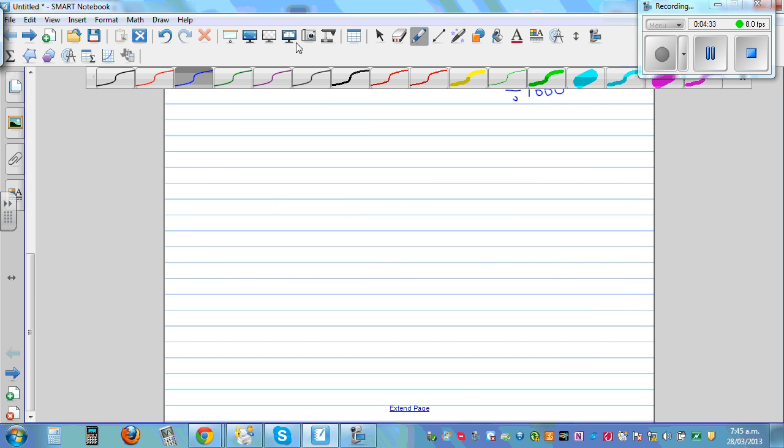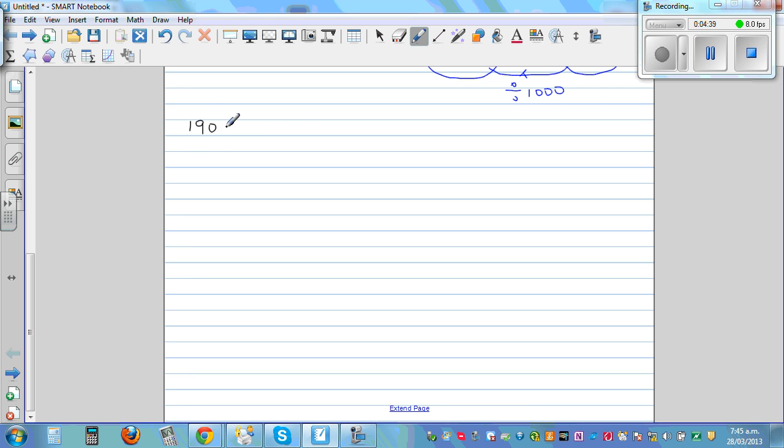So let's look at the first example. If you want to change 190 centimeters to, say, meters, how many meters here? It's always good to draw again if you're struggling. We know meter to centimeter, 1 meter is 100 centimeters.